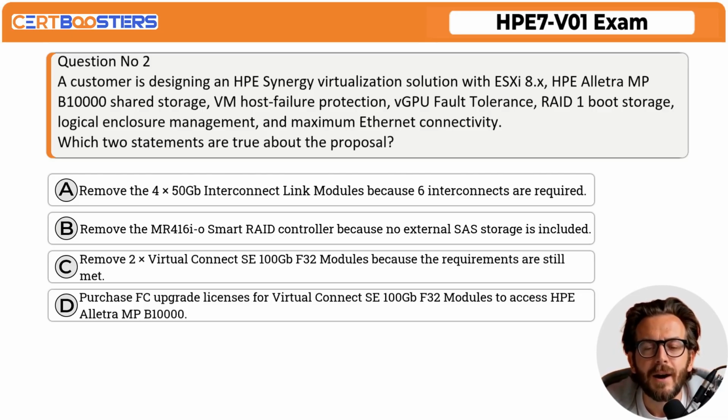B. Remove the MR416i-o Smart RAID controller because no external SAS storage is included. C. Remove 2x Virtual Connect SE 100 gigabit F32 modules because the requirements are still met. D. Purchase FC upgrade licenses for Virtual Connect SE 100 gigabit F32 modules to access HPE Alletra MP B10000.